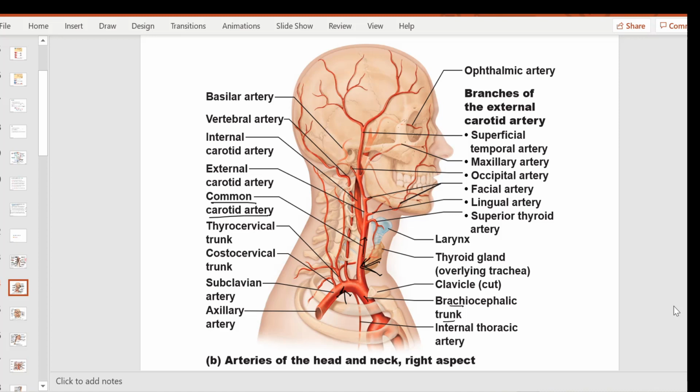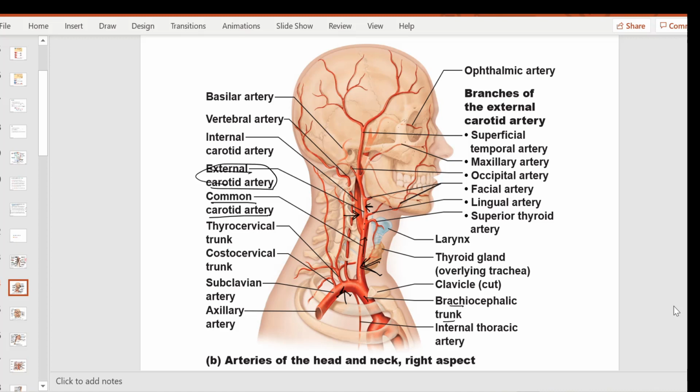And then the common carotid, when you hear the term common, just think that it will divide into external and internal. So this one divides into external. So this is the external carotid artery, and this is the internal carotid artery. Internal goes into the cranial cavity. Makes sense, right?